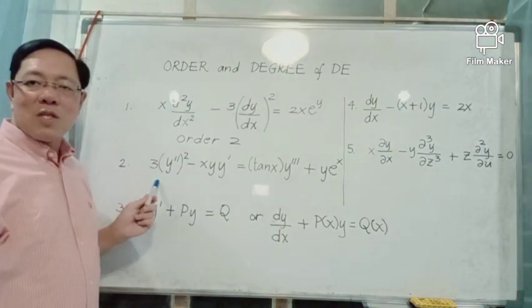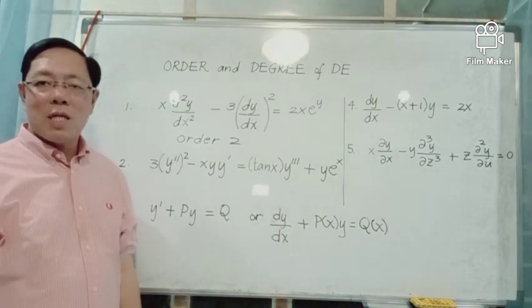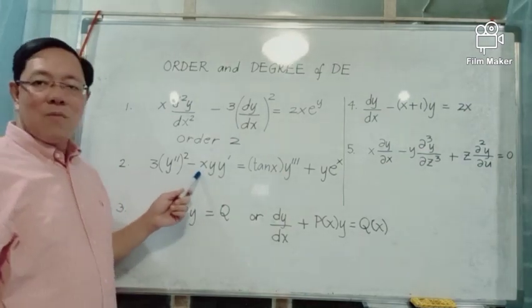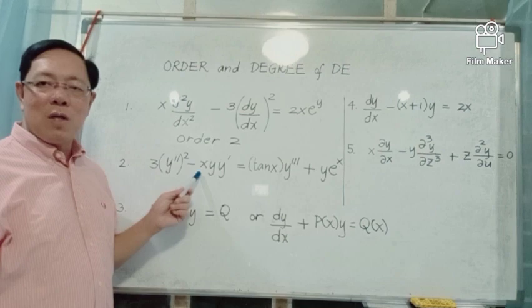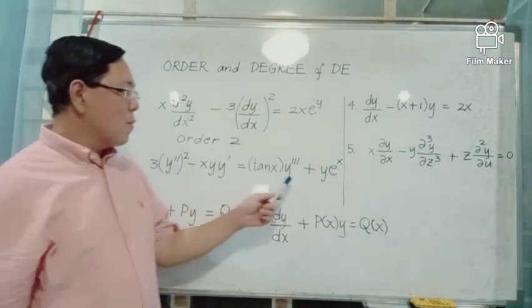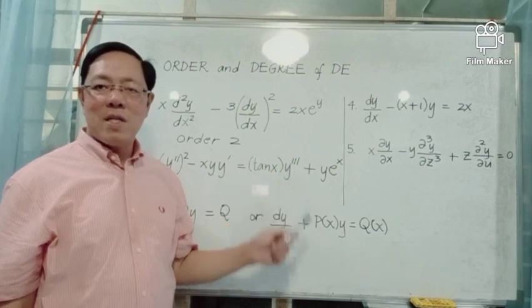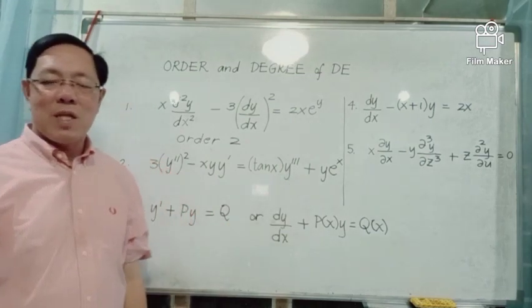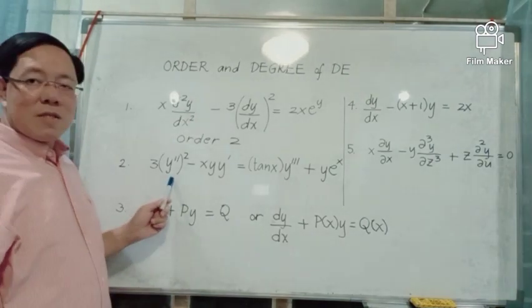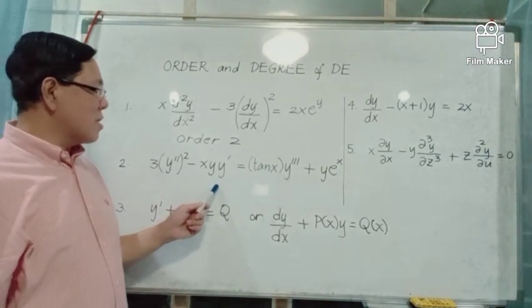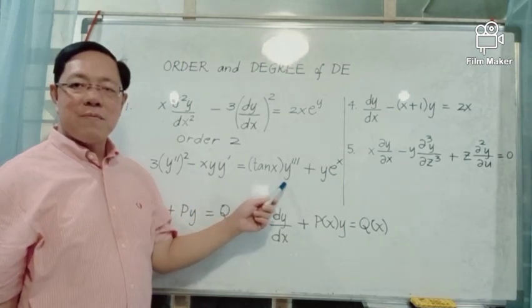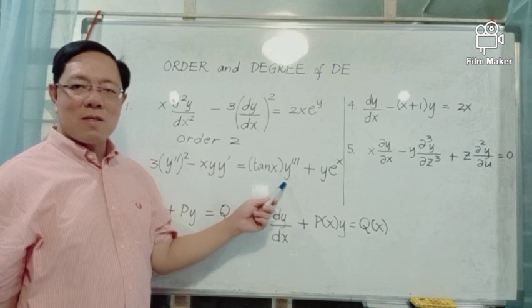This differential equation in number 2 is also an ordinary differential equation because y is a function of only one independent variable, x. Y prime, y double prime, and y triple prime are ordinary derivatives of y with respect to x. In this equation, the highest derivative is the third derivative of y with respect to x.